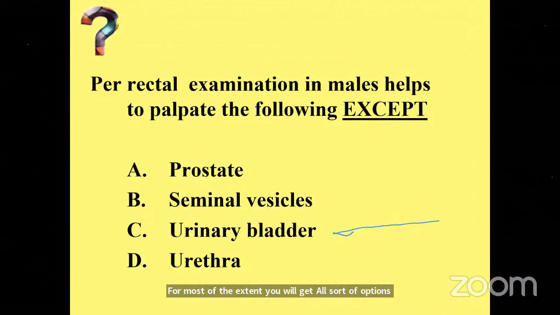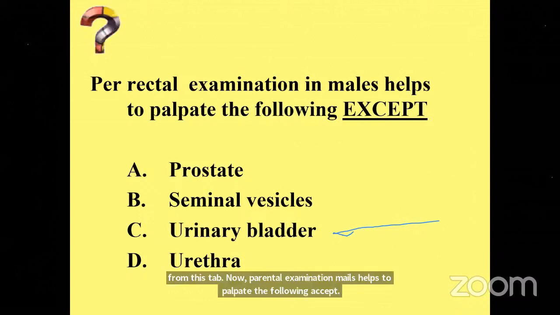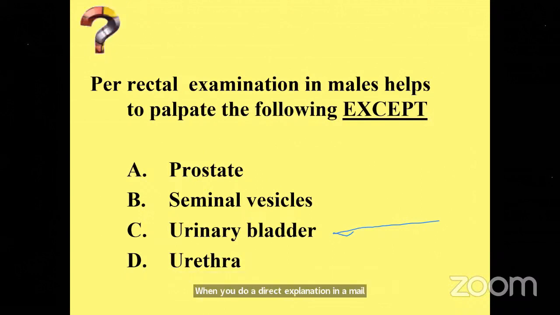Now, per rectal examination in males helps to palpate the following except. When you do a per rectal examination in a male, what are the structures which you will be palpating? Prostate, seminal vesicle, urinary bladder, urethra. Except. Which is the exception?